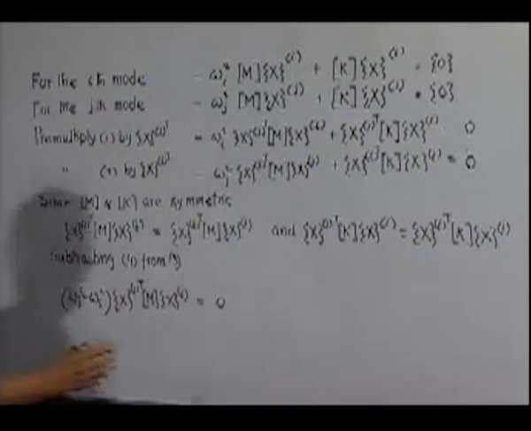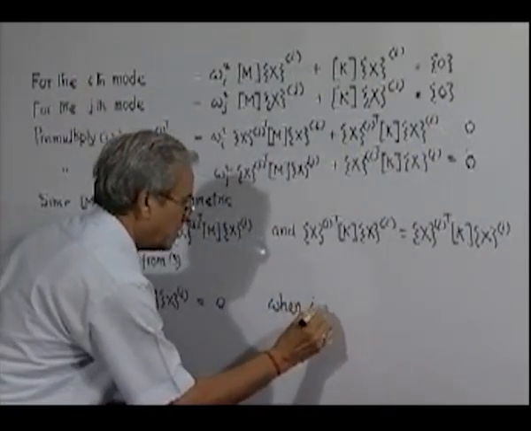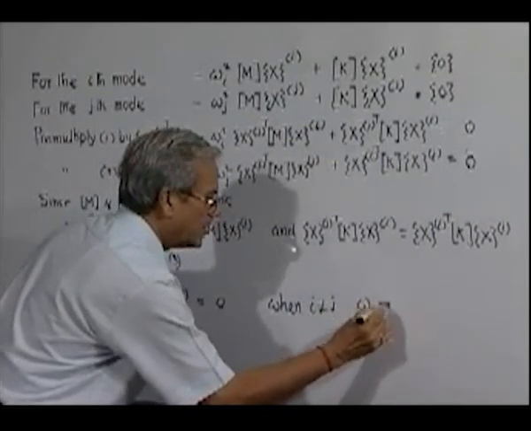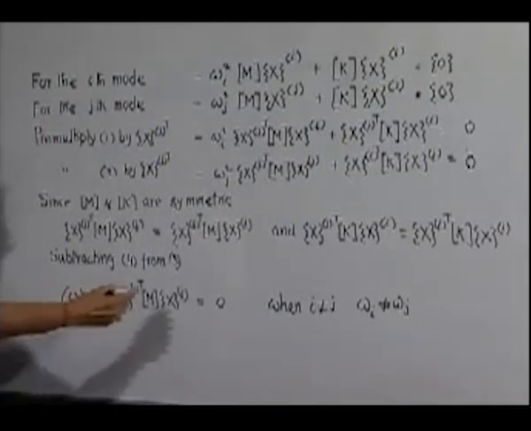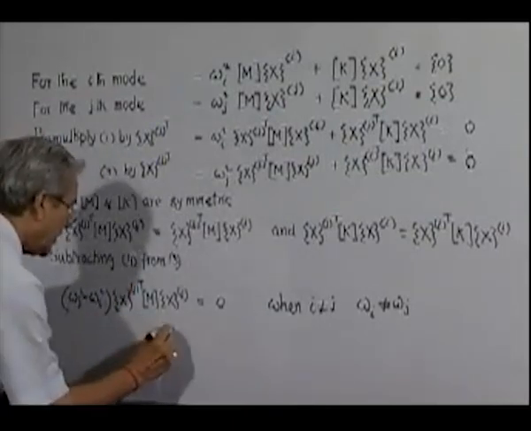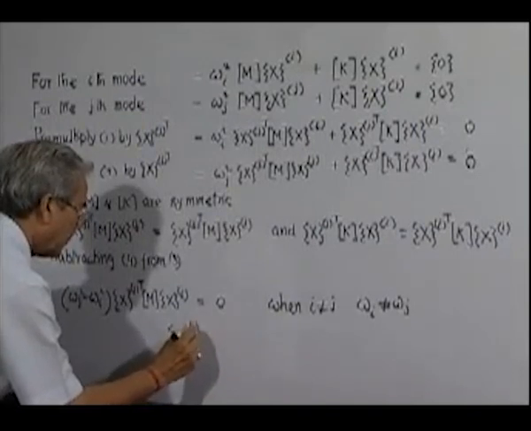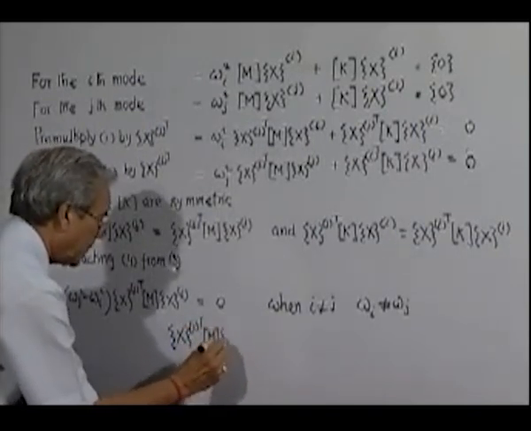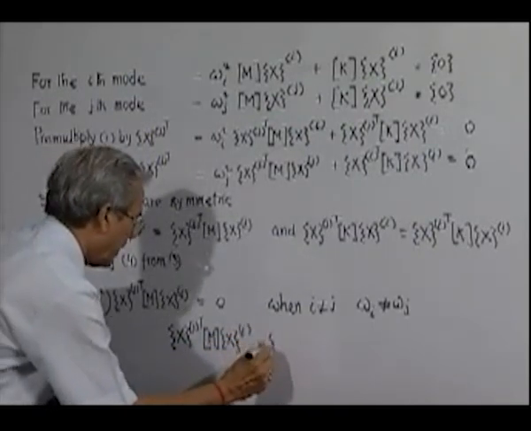Now, when i is not equal to j, in general omega i is not equal to omega j. So, the only way this condition can be satisfied is that x j transpose M x i is 0.